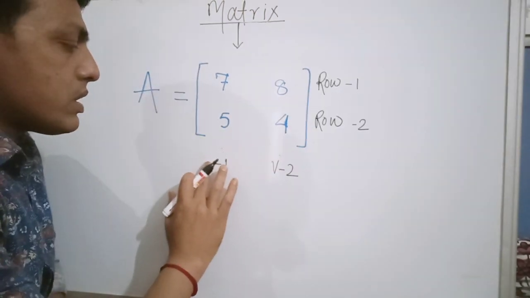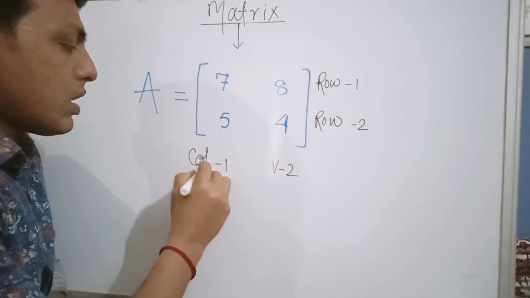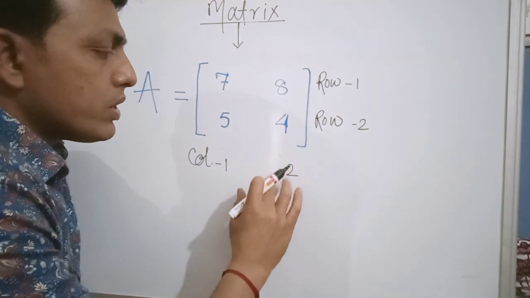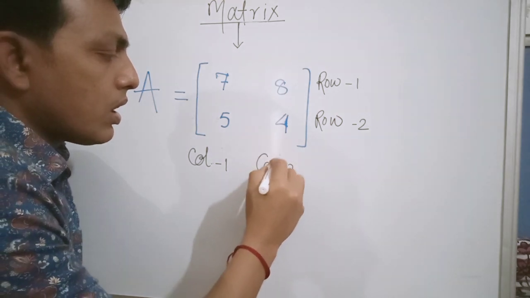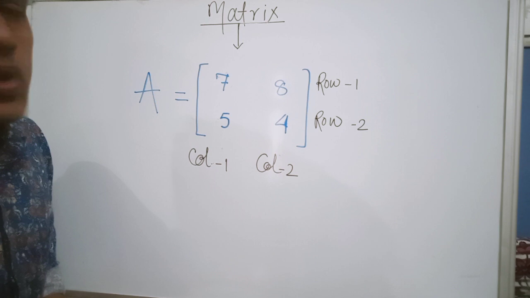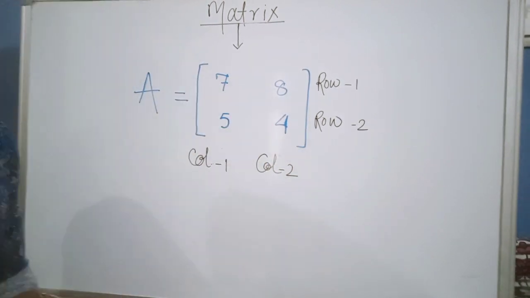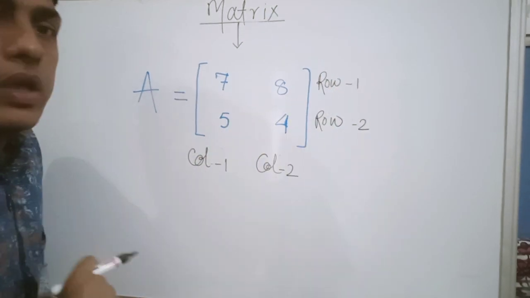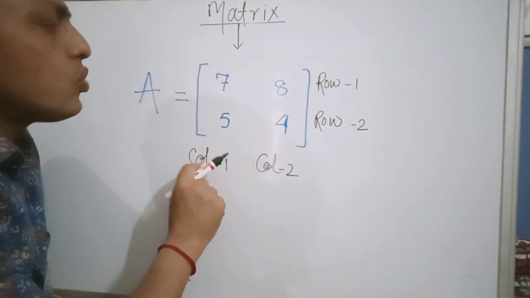This is column number 1, and this one is called column number 2. So how many rows and how many columns are there? We have 2 rows and 2 columns.